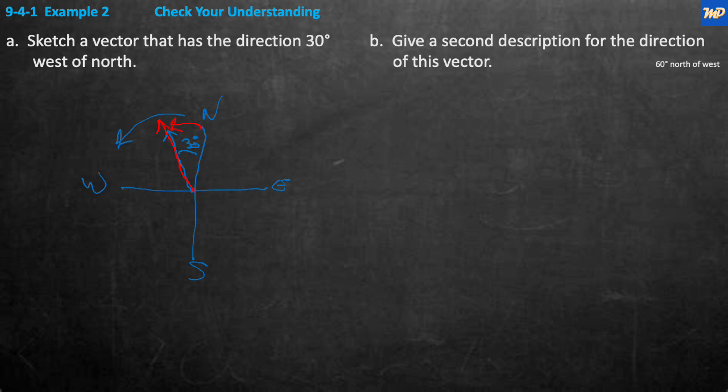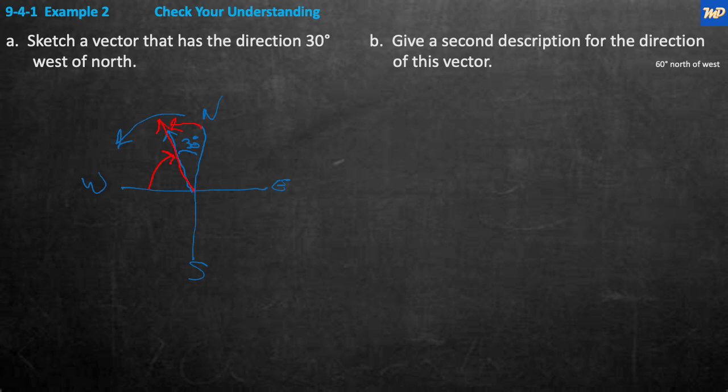Then it says, give a second description for the direction of this vector. Well, I kind of alluded to it in the previous slide. If this is 30, you know there's 90 degrees, right? You could say how many degrees going the other direction, from where we're headed from, to the vector.